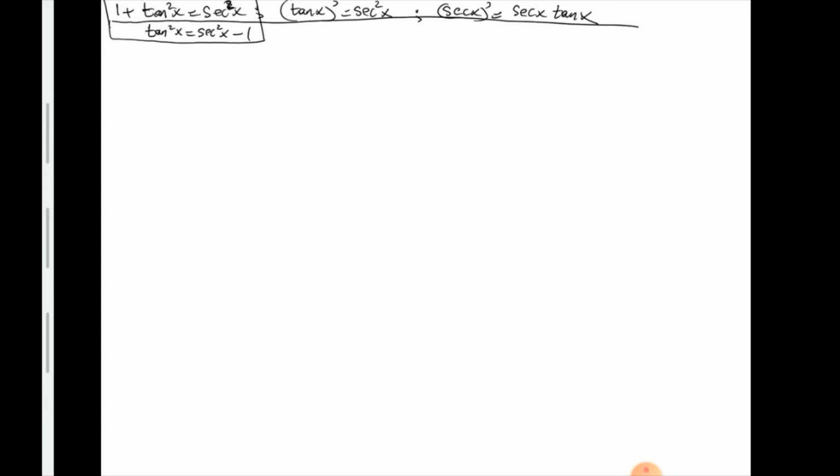And then, of course, the derivative rules. The derivative of tangent is secant squared. And the derivative of secant x is secant tangent. So the first strategy for tangent and secant, in our counting, that's going to be strategy 3.